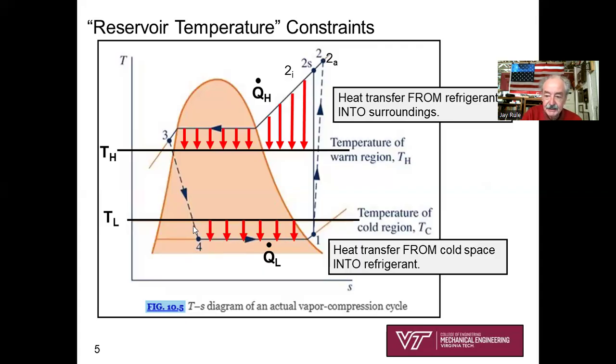I've depicted that here with these red arrows. So notice the delta T: it's still cold, but heat is flowing from a higher temperature to a lower temperature. That also represents visually irreversible heat transfer, with heat transfer from the cold space into the refrigerant.